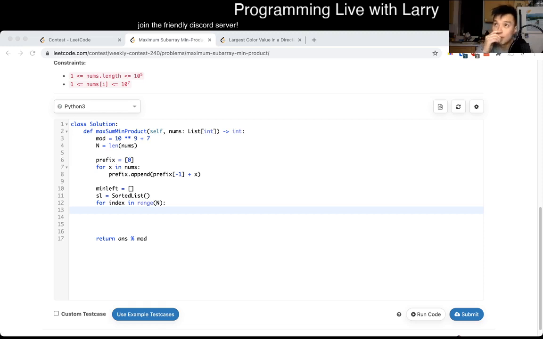So we want to keep track of the minimum element that's bigger than this element. No, we want the element that's smaller. This is very confusing.